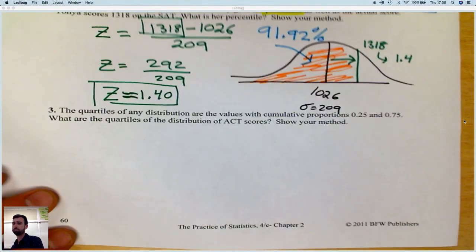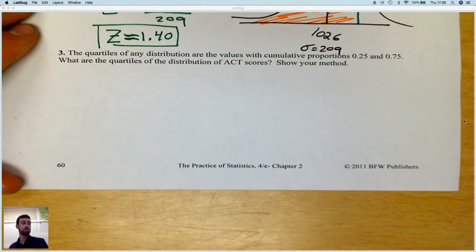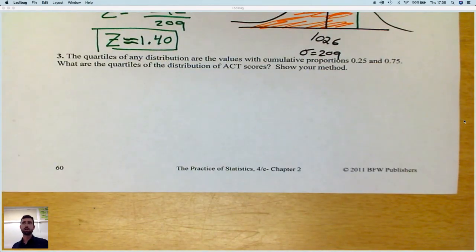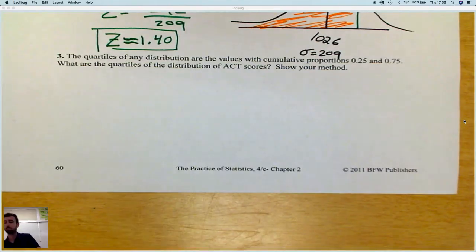Let's go to question 3, because there are many ways you can ask a standardized score question on the AP exam, and they're going to do all sorts of ways. There'll probably be like 2 or 3 that just ask you multiple choice, find the z-score, or using this z-score, what would the percentile be?